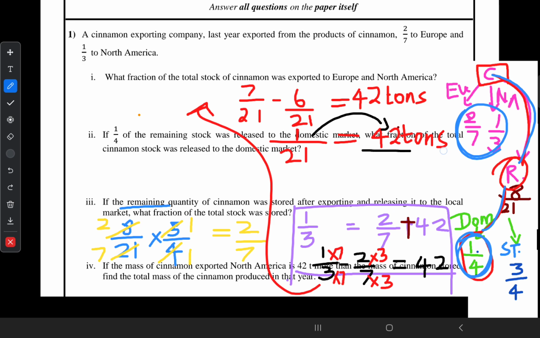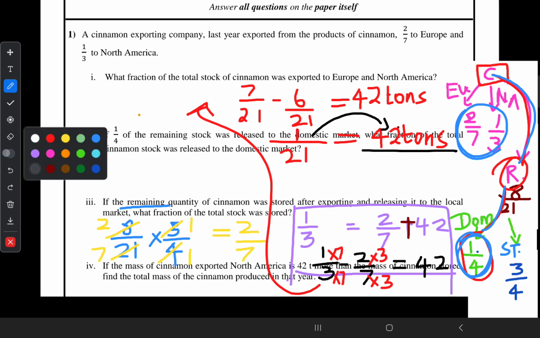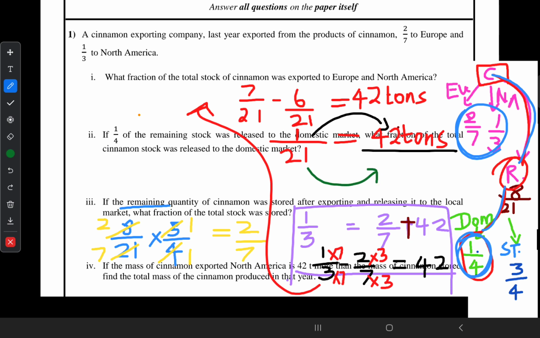Now our question is to find the total. What is the total amount of cinnamon produced that year? To find that, you should multiply 21 by 42. What we did: there are two fractions whose difference equals 42, so we subtracted and got our simplest fraction as 1 upon 21.